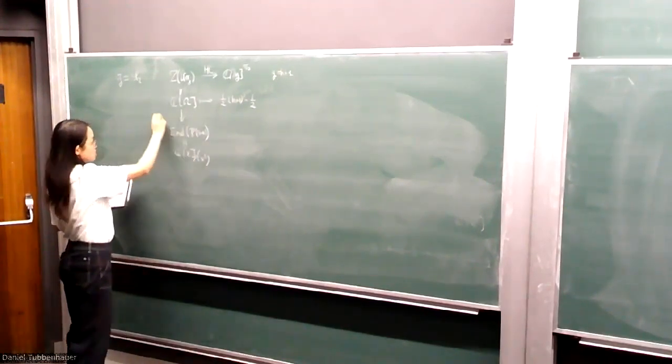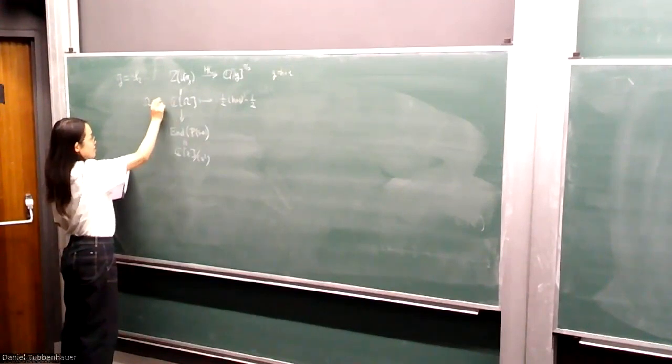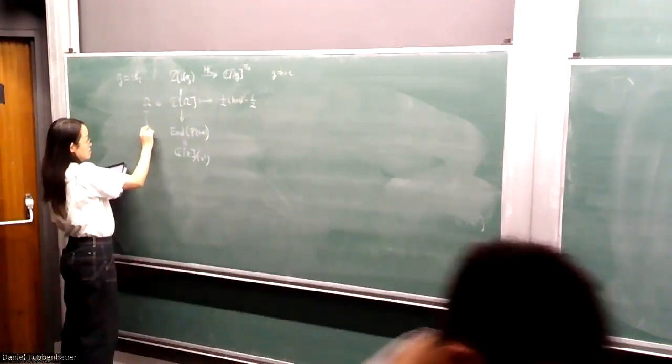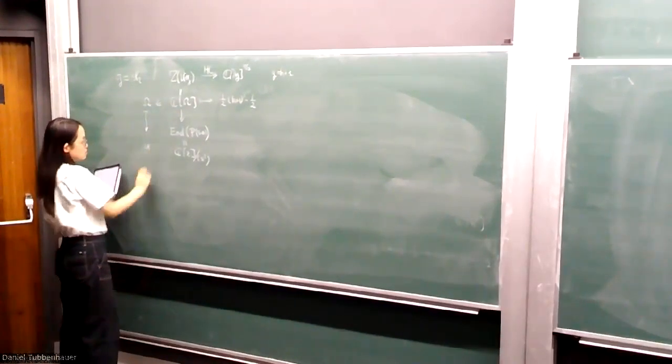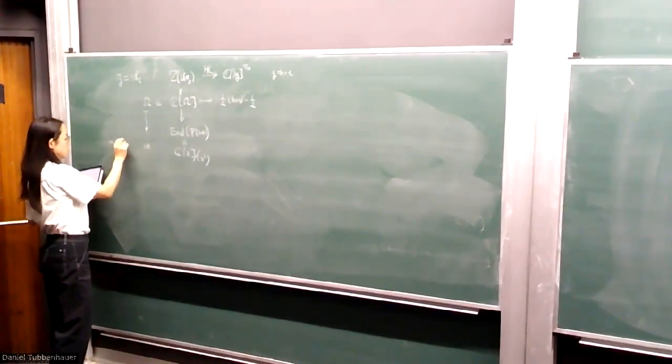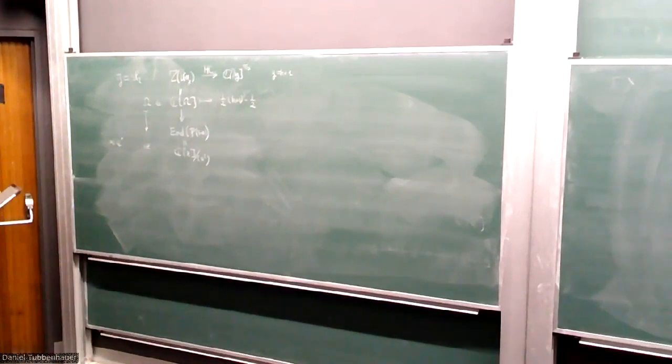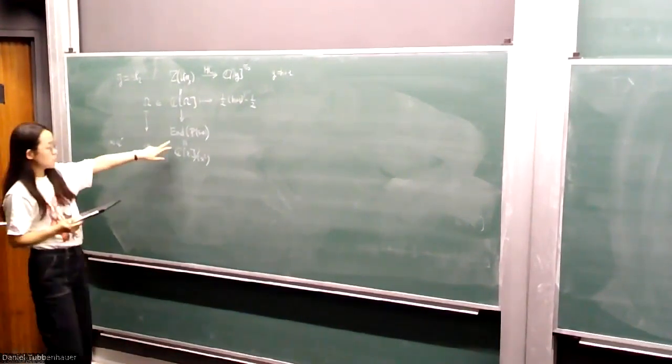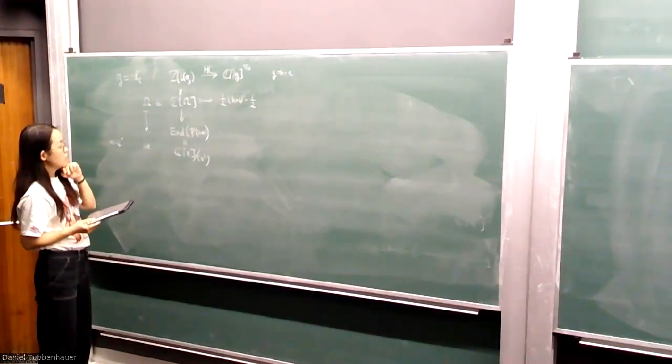So omega, if you do the computation, you can identify here it sends to a non-trivial multiple of this, which is the coinvariant. And now we want to identify this with the covariant ring. How does it go?